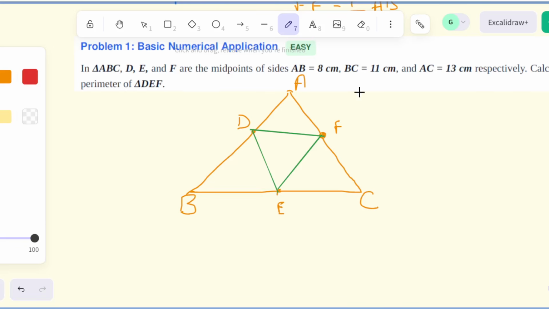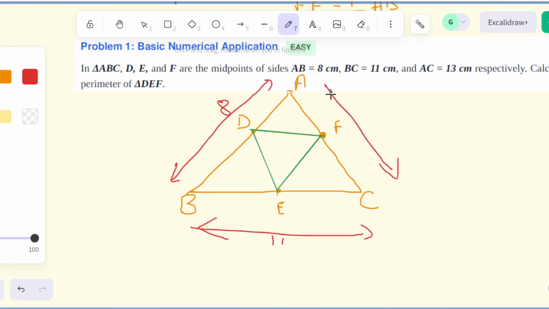They have given us the measurements. AB altogether is how much? 8. BC is 11 and AC is 13. So 8, 13 and 11, right?